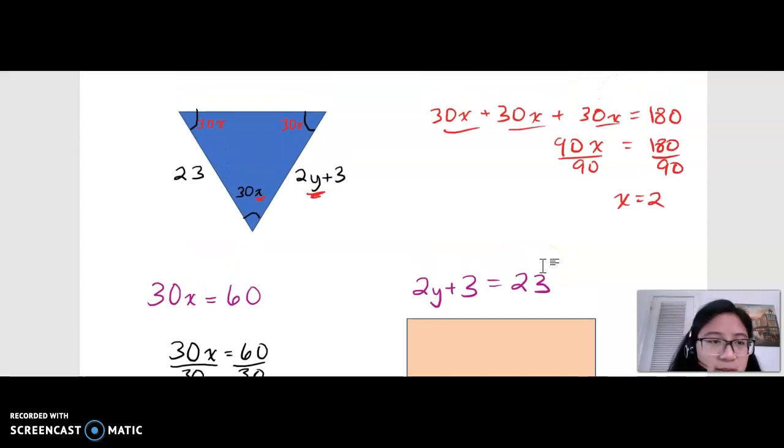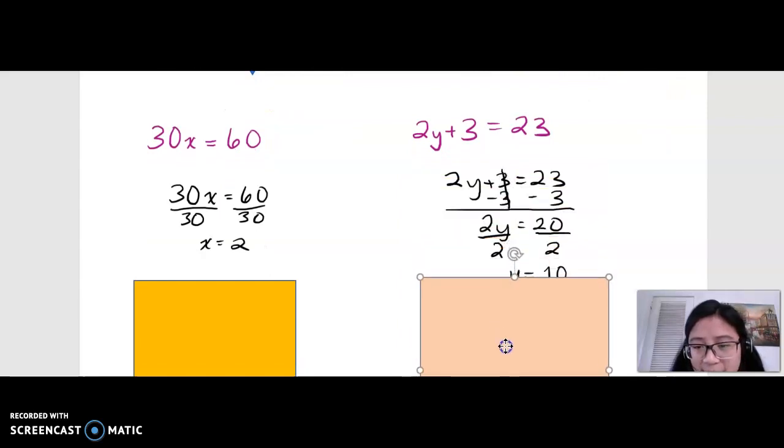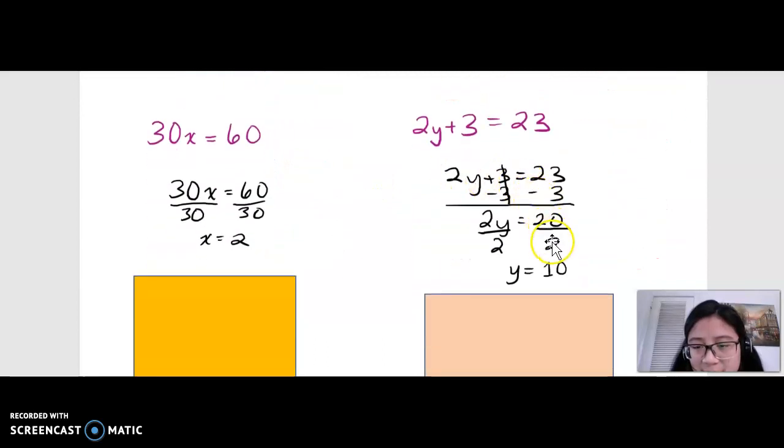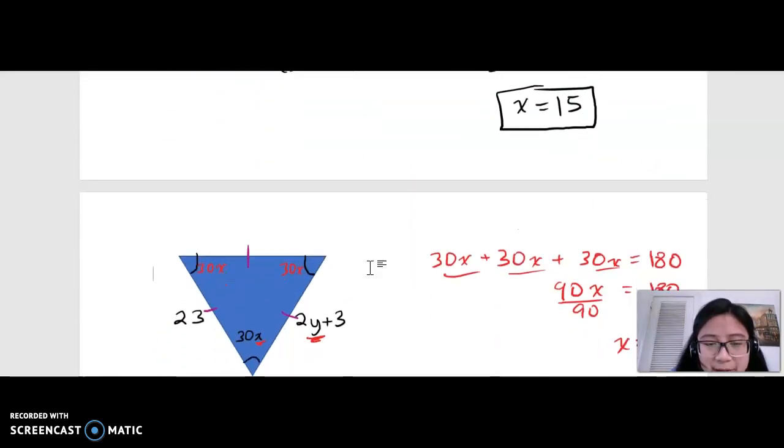Remember, with equilateral triangles, all the sides are going to be equal to each other, so these two sides will be the same value. If we want to find that value of y, it'll look like this. We used inverse operations, got y by itself, and we got y is equal to 10. Okay, so that's just a quick little review on the equilateral triangle theorem.